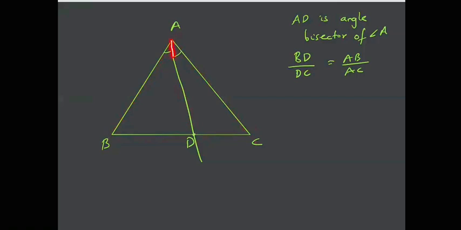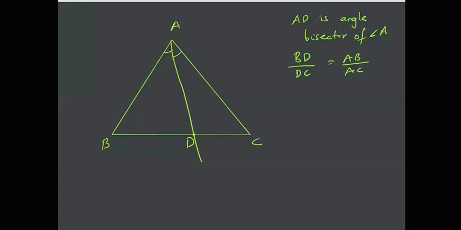So the angle bisector AD will divide the side BC in the ratio of the lengths of adjacent sides. That is, BD over DC would be AB over AC if AD is the angle bisector. Fine. So that we are going to prove here.